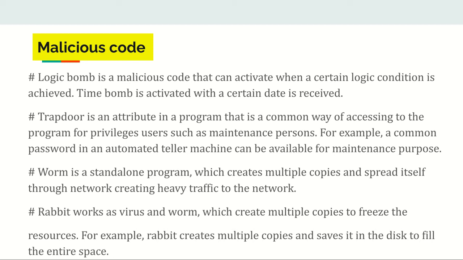Maintenance workers should have access to these program codes, and they can use this data or programs for their purposes. These are called trapdoors. A worm is a standalone program. A standalone program is a separate program which creates multiple copies and spreads itself through the network, creating heavy traffic on the network.